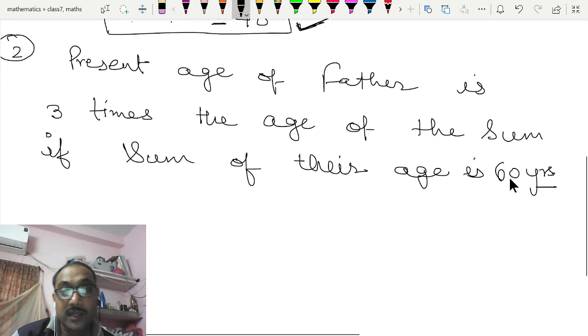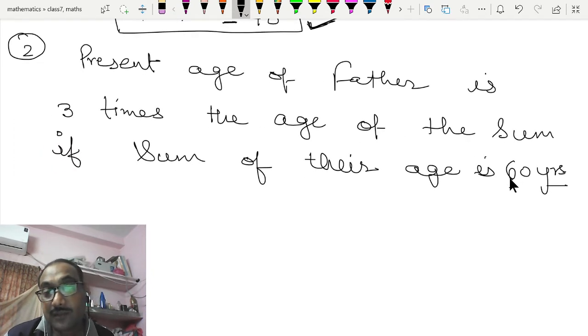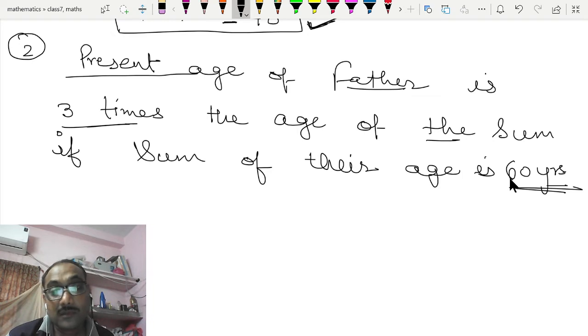Now see, present age of father is 3 times the age of the son.